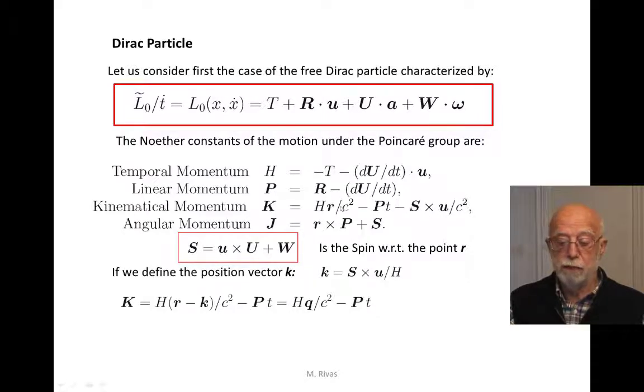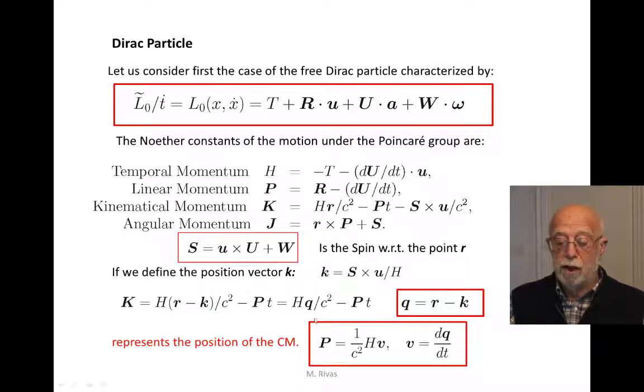Or, if you like, this position vector r minus k I call q, such that now if I take here the time derivative, because this is a constant of the motion, I show that p can be written as the Hamiltonian times the velocity of the point q. V is the time derivative of the point q. The point q clearly represents the position of the center of mass of this object.